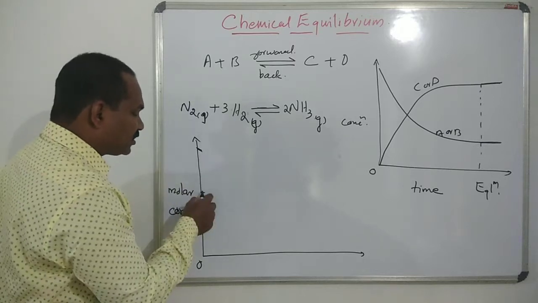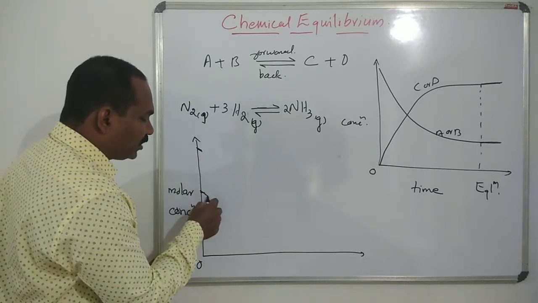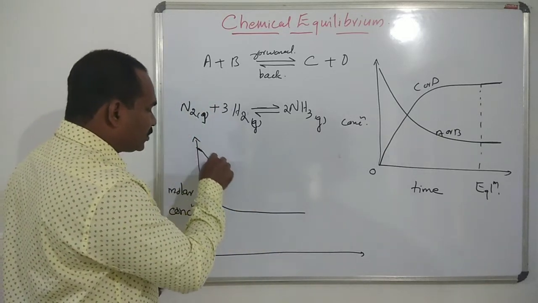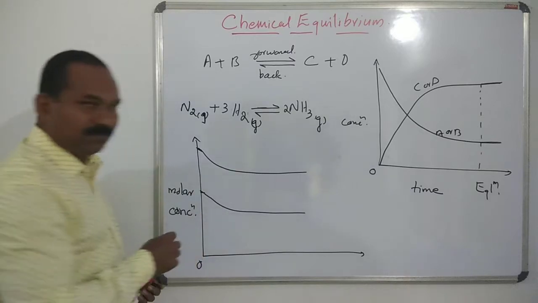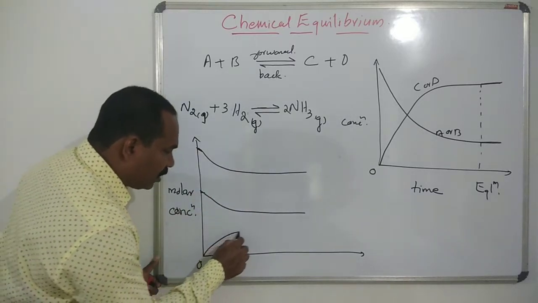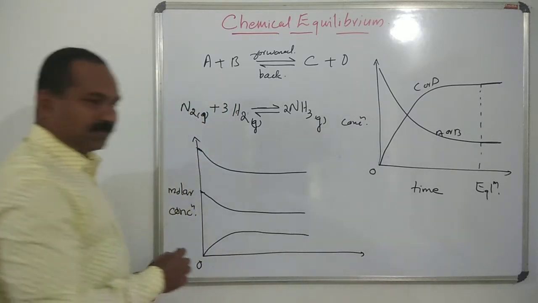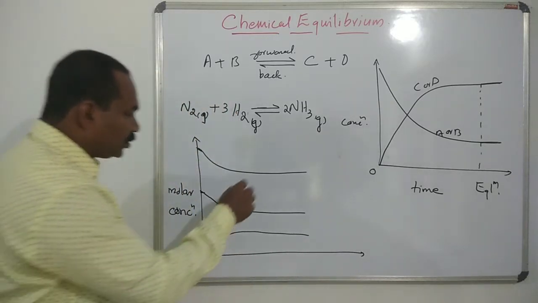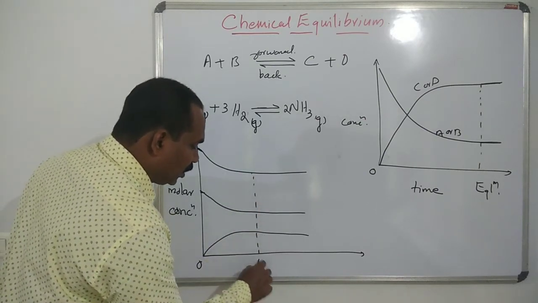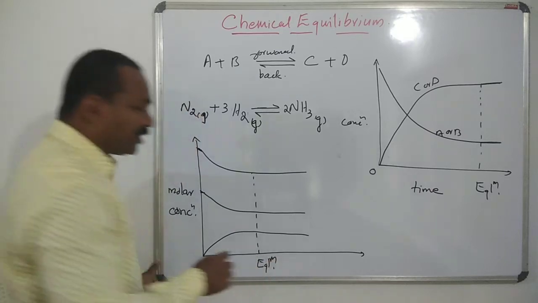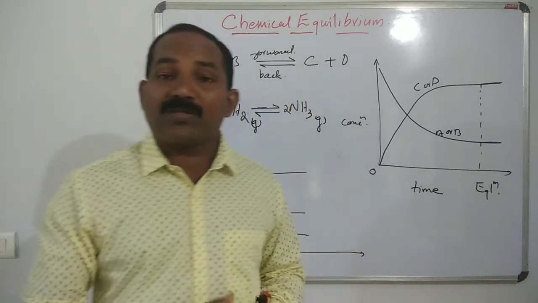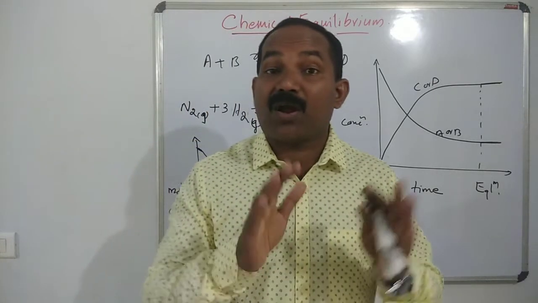When the reaction starts, the molar concentration of nitrogen decreases. Similarly, the molar concentration of hydrogen decreases. At the same time, the molar concentration of ammonia increases. So here an equilibrium is established. When reaching the equilibrium, the molar concentrations of reactants and products are constant.